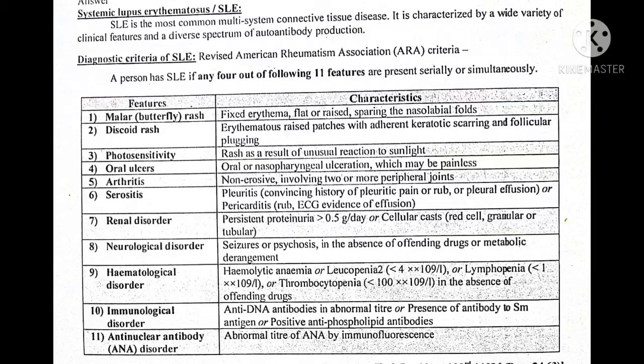Immunological disorder such as anti-DNA antibodies in abnormal titer, or the presence of antibody to Sm antigen, or positive antiphospholipid antibodies. Anti-nuclear antibody (ANA) disorders such as abnormal titer of ANA by immunofluorescence may be present.